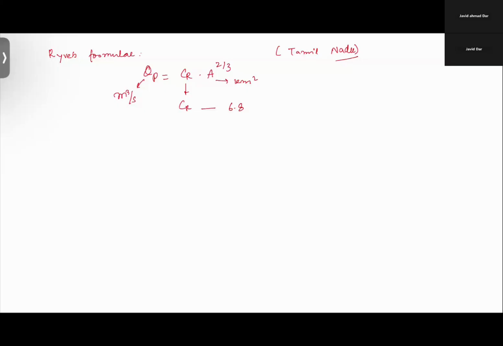Now this CR has been calculated so that, let's say your catchment is within 80 kilometer of the east coast, then you need to take a value of 6.8, and you have to take a value of 8.5 if your catchment is 80 to 160 kilometer away from the east coast. And otherwise you have to take 10.2 if it's near hills.